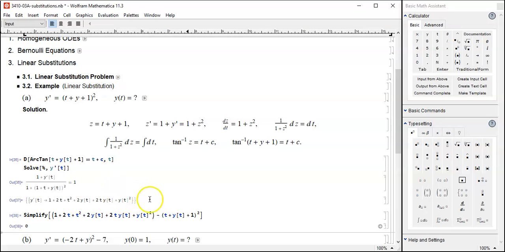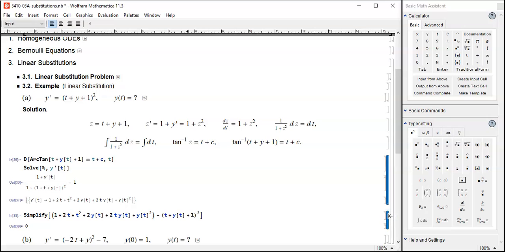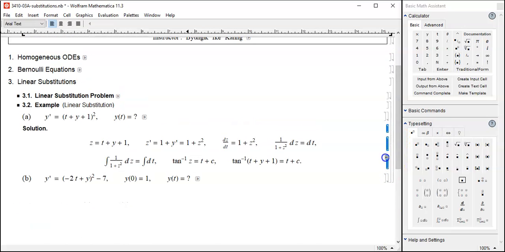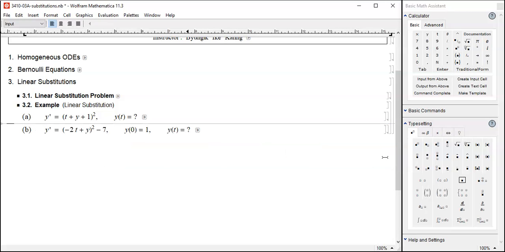So they're the same. Just by looking at this, it looked like I didn't get what I wanted, but that's because that expression and this expression were the same, as we checked over here. Sometimes that happens when you deal with a computer algebra system. You have to know real mathematics in order to use it.